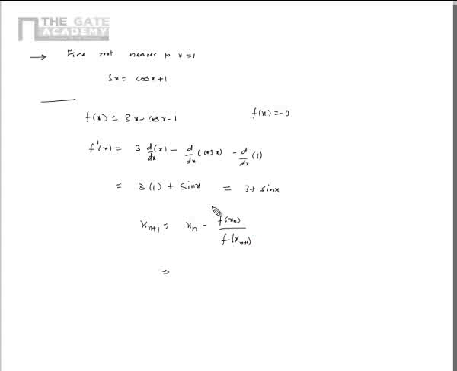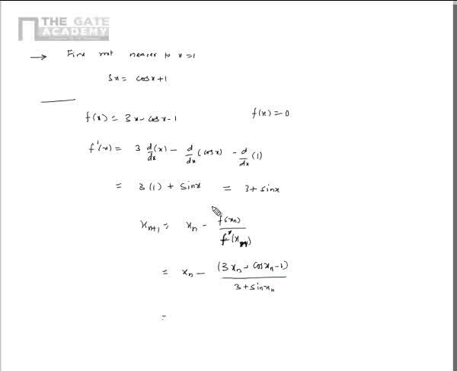So this can be written as h n minus f of h n, where we substitute h n in the place of x, by f dash h n, and f dash h n will be 3 plus sin h n after substituting h n there.